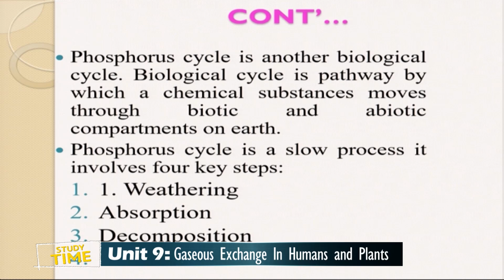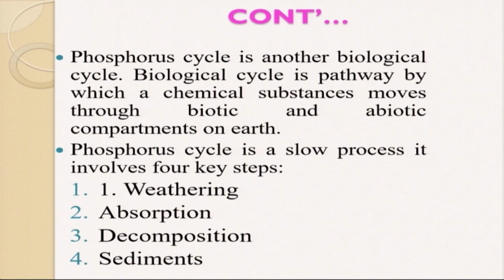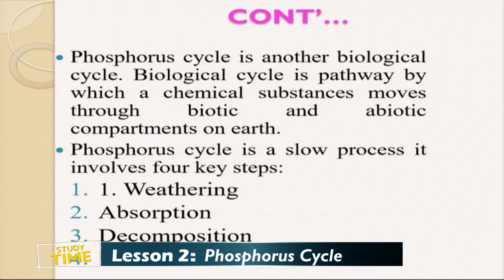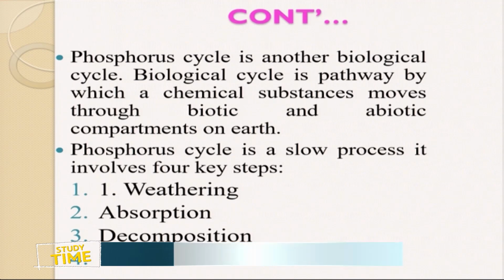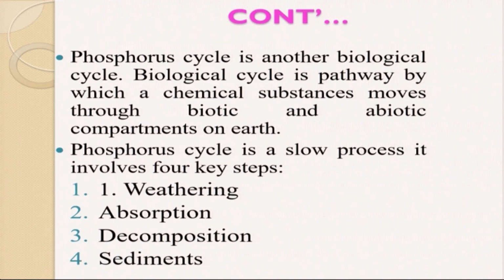We have absorption, another process involved in the phosphorus cycle. Let me take some animals and some plants. Once it rains, the phosphorus is carried by water to the water bodies, and the animals drink the water. The water contains phosphorus, which is used for making part of the animals' structures.